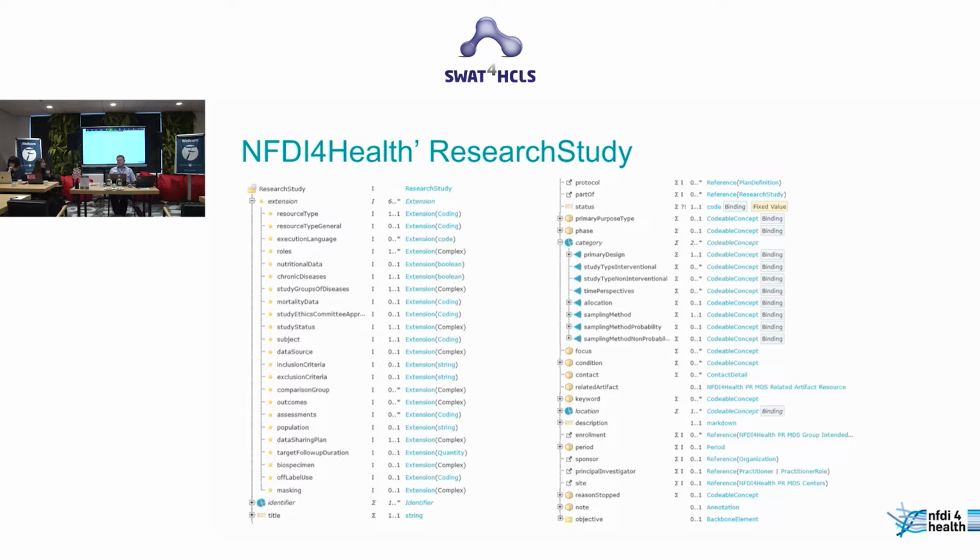We have also information about the population, inclusion, exclusion criteria, about the study status, and different possibilities to use identifiers. So you can apply different identifiers from different systems. Maybe next slide.